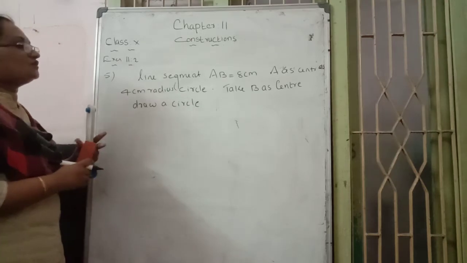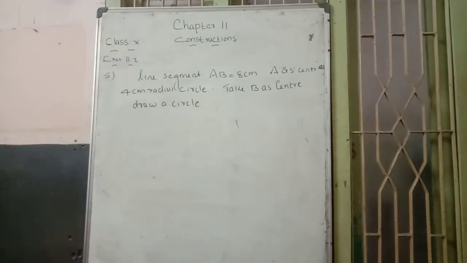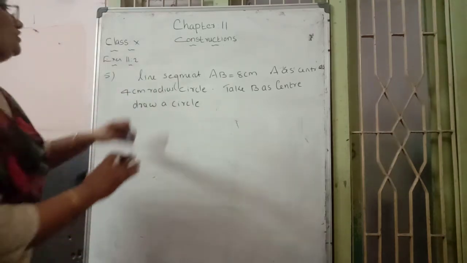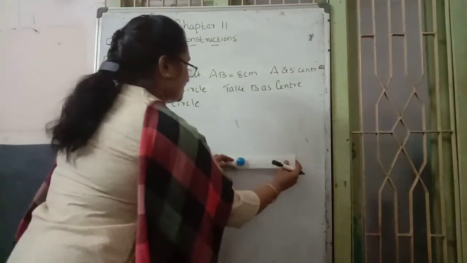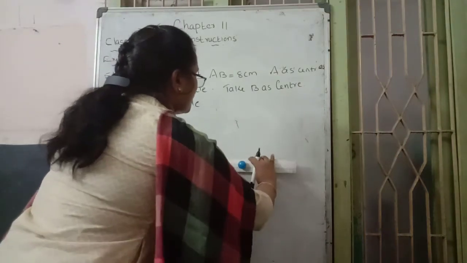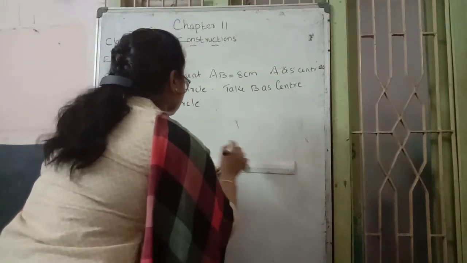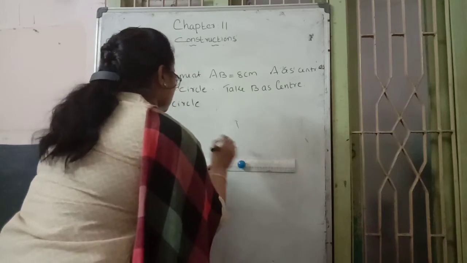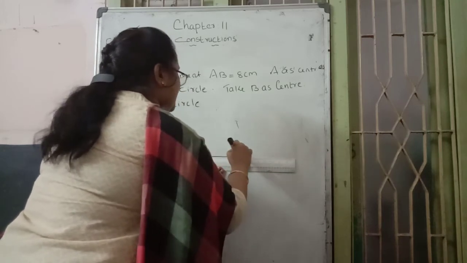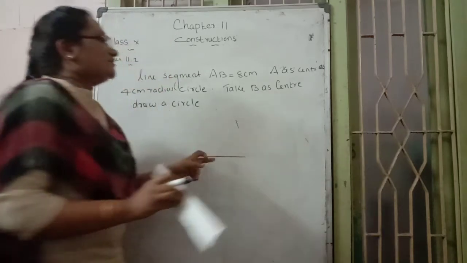So what we want to do first, we start by drawing a line segment. How many centimeters? 8 centimeters. From 0 to 8 centimeters, draw the line.